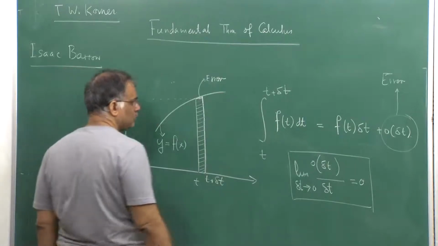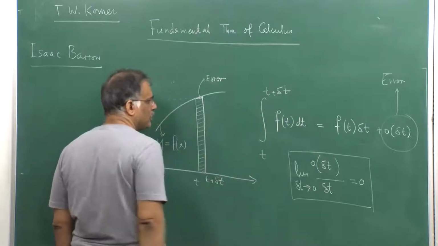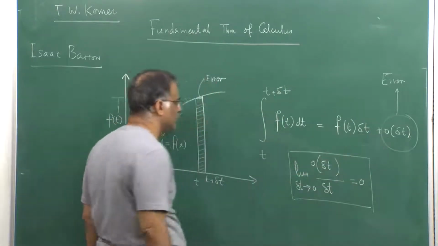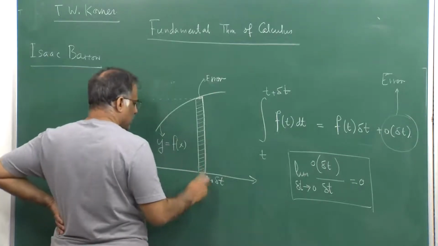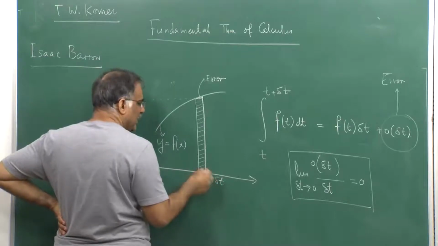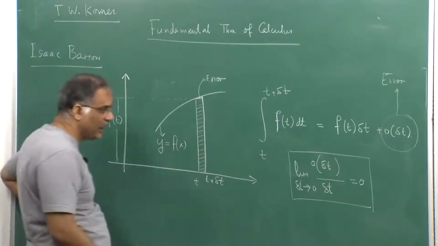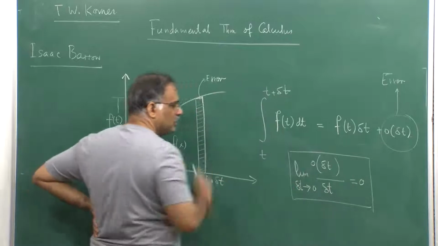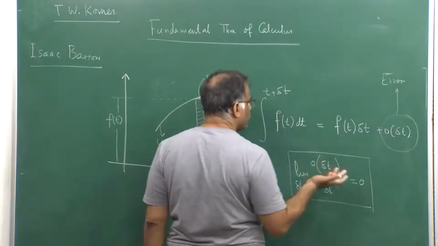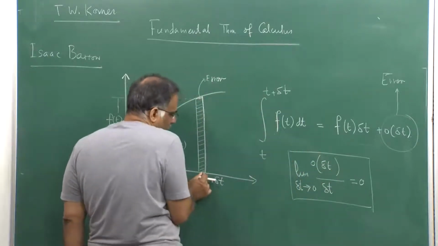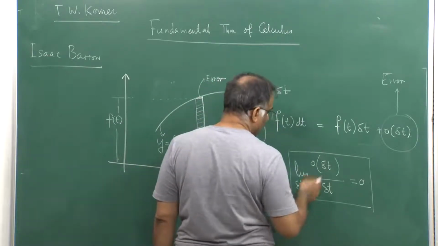But this error term has a speciality, because if delta t collapses to 0, then this integral should collapse to 0 and everything on this side should also collapse to 0. Which means somehow the error should move to 0 much faster than delta t. This can be expressed by saying that this o(delta t) term, which is also a function of delta t because it depends on how near you are to t, goes to 0 faster than delta t, otherwise this would have gone to infinity.